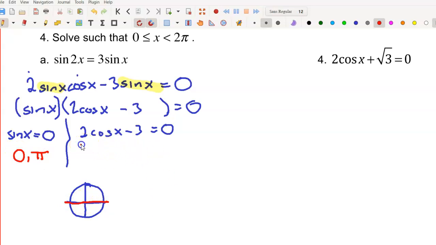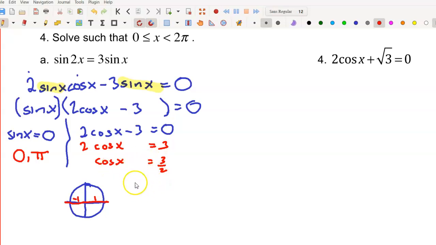What about this other one? If you get it equal to 0, you'll see it's cosine of x equals 3 over 2. Now, where is the run? These runs equal 1, right? 1 and negative 1. Where is the run equal to 1.5? Nowhere, right?